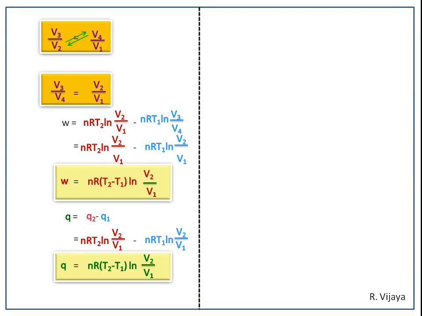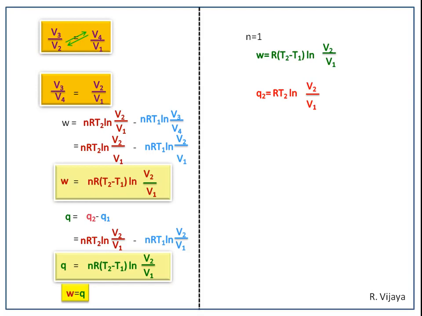That is, the work done by the Carnot engine is equal to the amount of heat absorbed by the system. So in the Carnot engine, W is equal to Q. If n is equal to 1, the work done will be R (T2 minus T1) ln V2 by V1. The Q2 value we know.